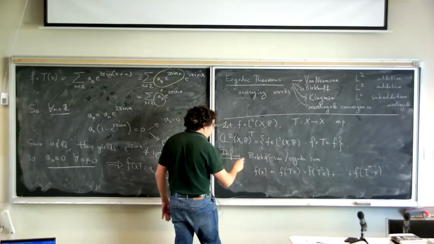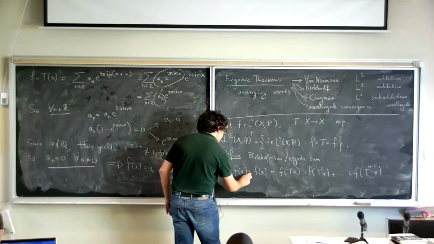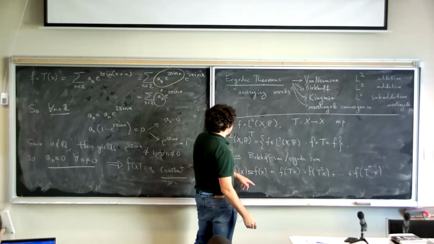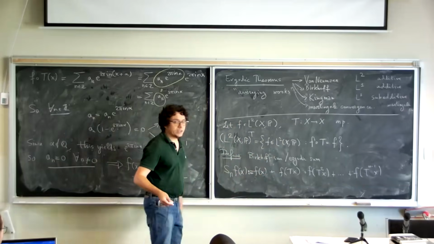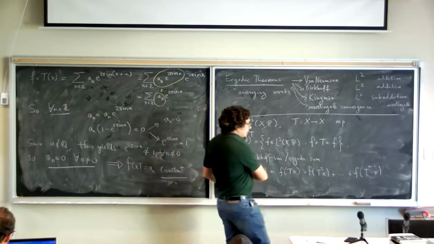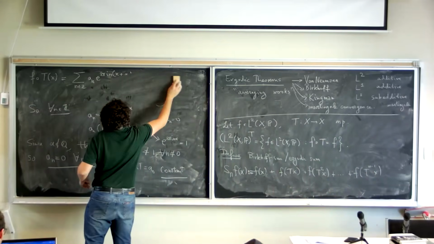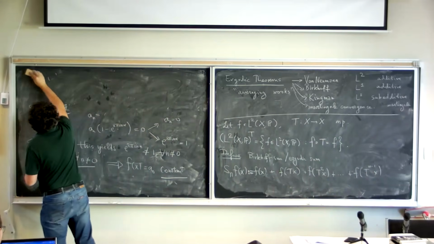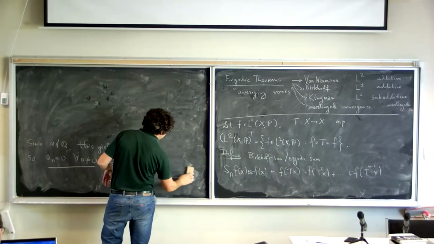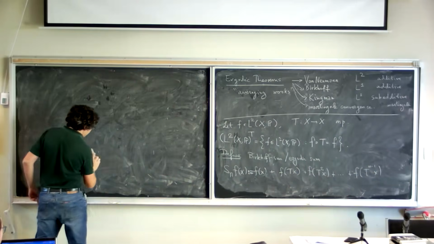This is a sum over the first n orbit points, and let's call it S_n f of x. For this to exist, f need not be in L2; it could be in L1, or any measurable function. You just take the sum over the first n iterates of this observable. Remember, f is something like the temperature, and you're taking the temperature on n consecutive days in the same location, and you're taking the sum.